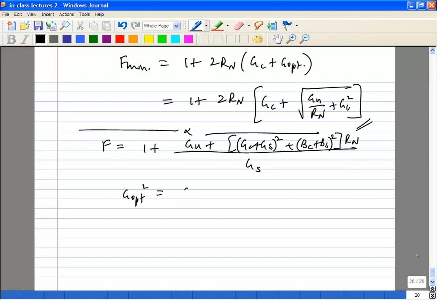We know that G opt squared is Gu over Rn plus Gc squared. So we know these 3 conditions. Okay. Using these 3, let's try to put it inside the expression for f and find out what happens. So effectively, to get this optimum, we are going to use some kind of matching circuit, right? First of all.